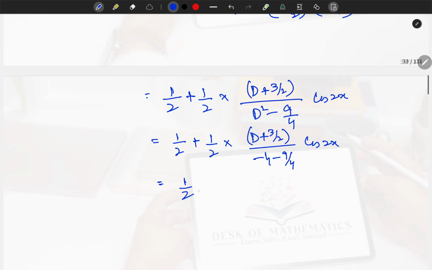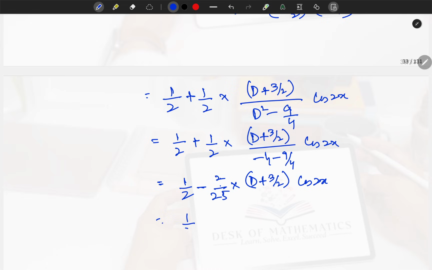So that's 1 by 2 plus 1 by 2 times this, that is 1 by 2 times 4, 4 are 16, so that is 4 by 2, so 2 2 are 4, so that is d plus 3 by 2 and this will be 25. Okay, and that is also minus, so we will take the minus here, cos of 2x.